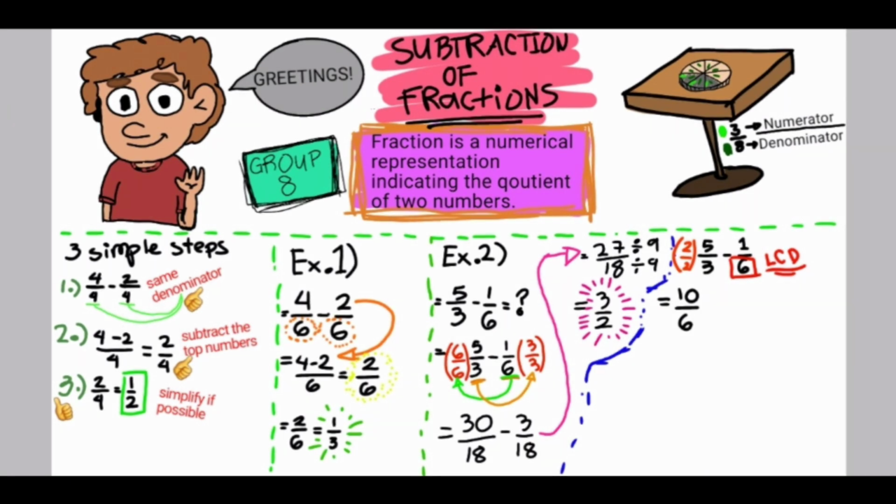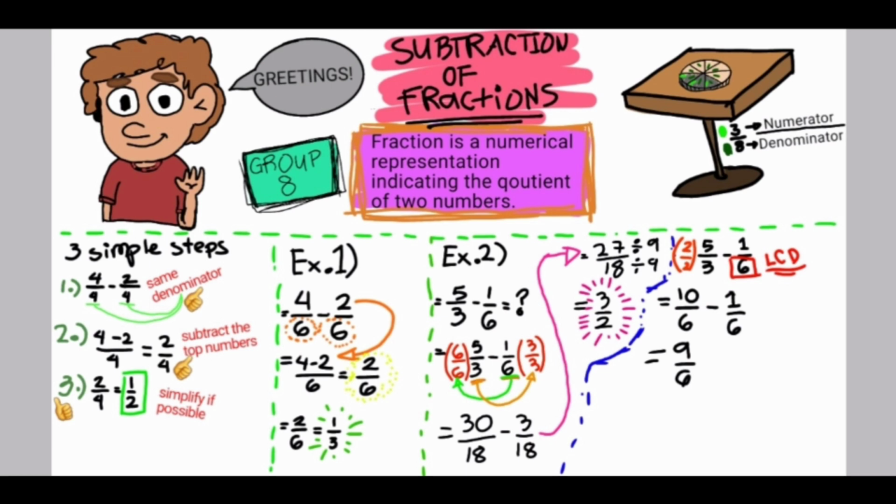Now we have 10 over 6, and we'll subtract 1 over 6 from it. 10 minus 1 is 9, and we'll just copy the denominator, which is 6. Now, what we are going to do is just simplify 9 over 6.